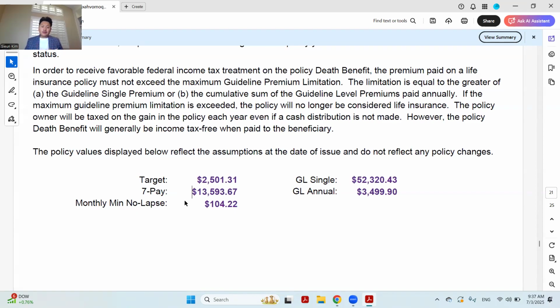When it comes to the $104, there's another thing. If the client had the policy for more than a couple of years and they lost their job, but they're in a really serious tight financial position, they can't even come up with $104 a month, then you can have the client stop the automatic payment and use the cash value that has been paid into the policy and let it pay itself.